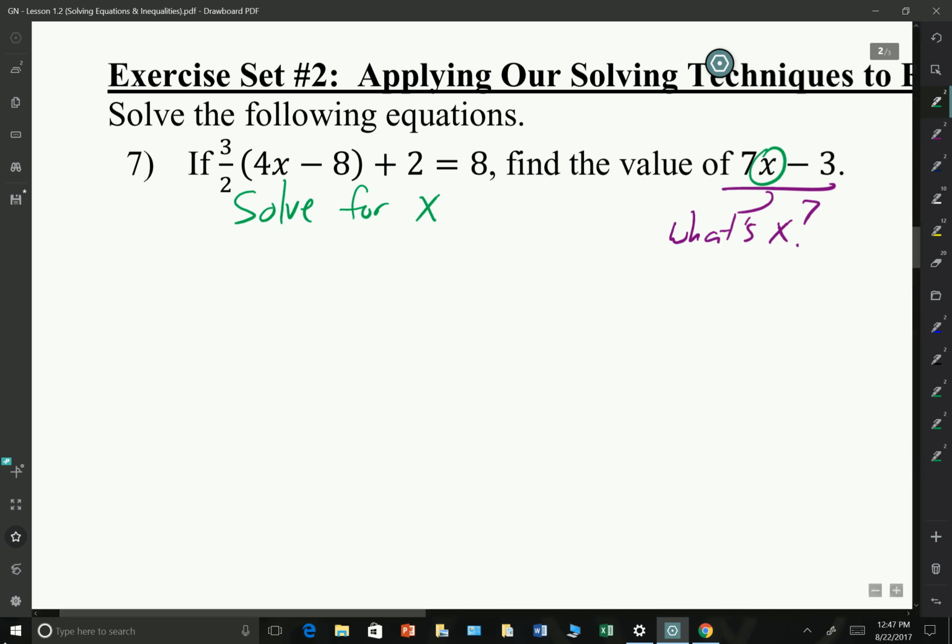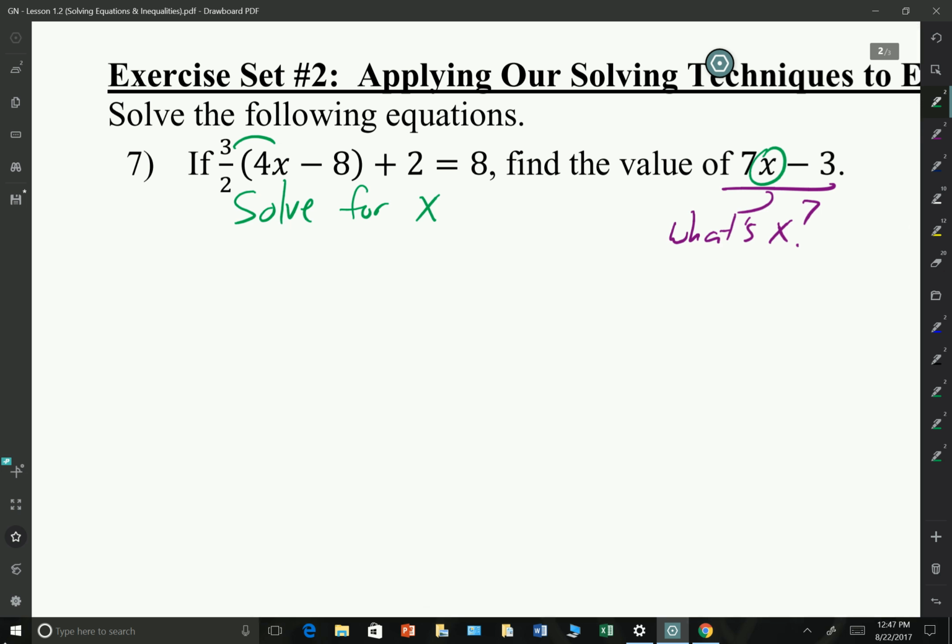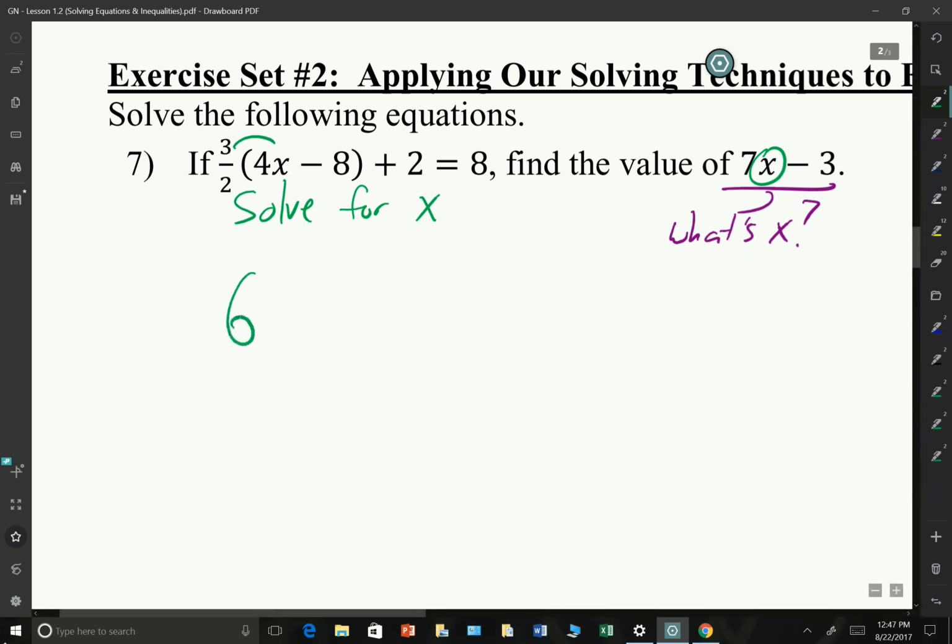So I'm going to distribute. You have 3 halves times 4x. So which one gets brought to the 4, the 3 or the 2? Just the 3. So I have 12x over 2, which is 6x. The 3 goes to the 8, and then I divide by 2. So minus 12 plus 2 equals 8.